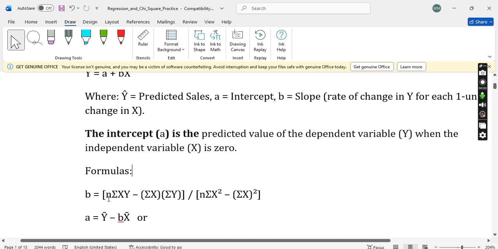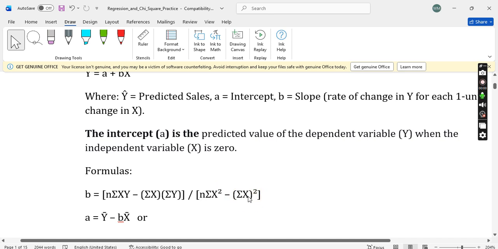It's the number of data values multiplied by the summation of x times y, minus the summation of x, where you're just adding up all the x values, multiplied by the summation of y, where you're adding up all the y values, divided by the number of data values multiplied by the summation of x squared, where each x value is squared and then totaled, minus the summation of x squared, meaning the total of x, which you then square. So you need to be able to differentiate these two.